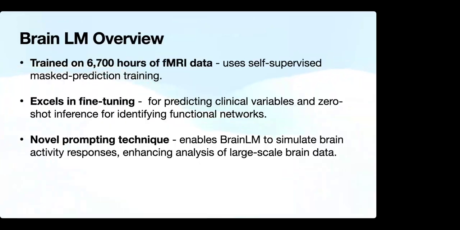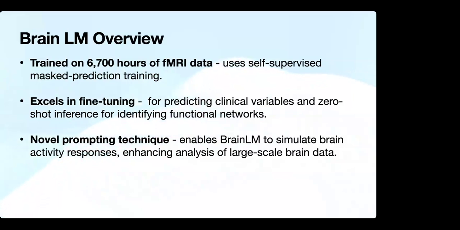When it comes to BrainLM, this model was trained on over 6,000 hours of fMRI data, and it uses this self-supervised mask prediction training. Overall, it excels when it is fine-tuned.